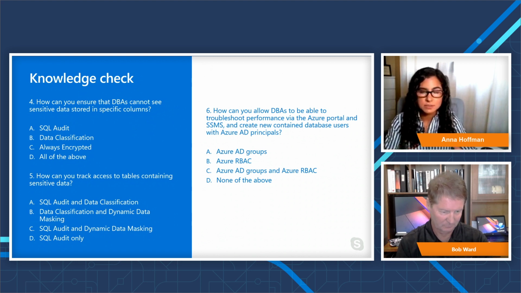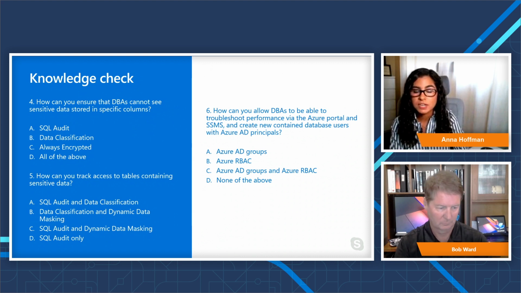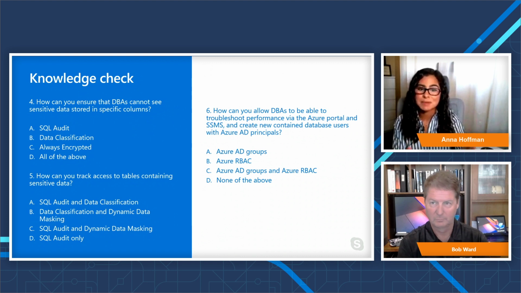And this is probably going to be pretty easy if you completed the hands-on exercises, because you went through how you would actually do this. And then question 6 is, how can you allow DBAs to be able to troubleshoot performance via the Azure portal and SSMS and create new contained database users with Azure AD principals? So just remember, one thing there is creating contained database users specifically with Azure AD. That was something we talked about yesterday as well.